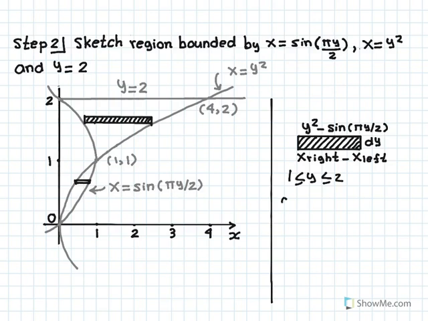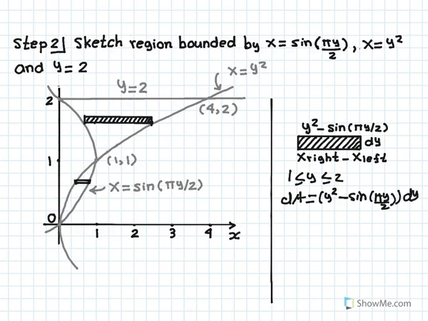The differential element is going to be the right x value, x right, minus x left. The right x value touches the curve at x equals y squared. The left x value touches the curve at x equals sine of pi y over 2. So the differential area will be y squared minus sine of pi y over 2.